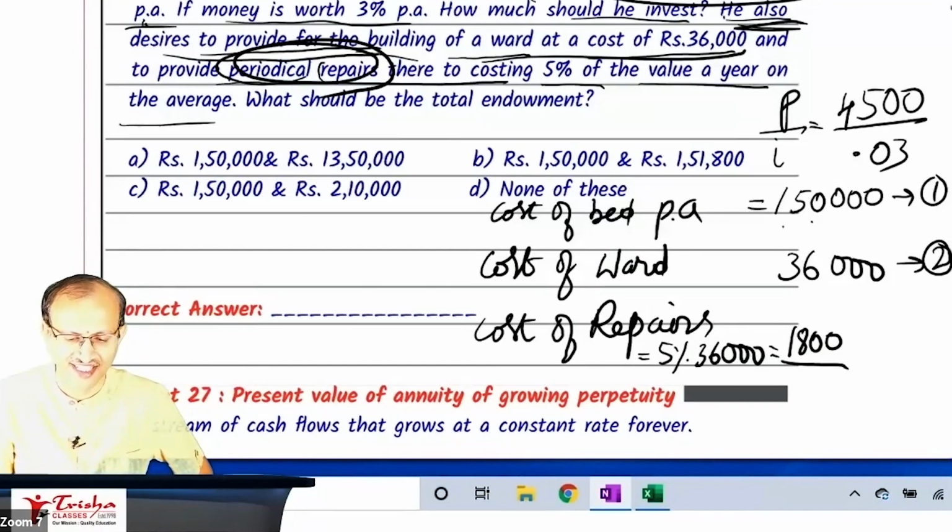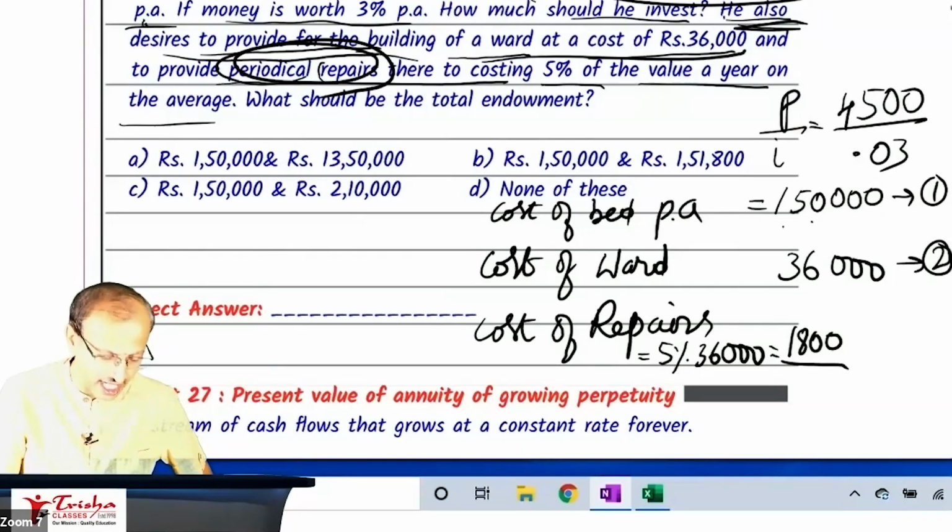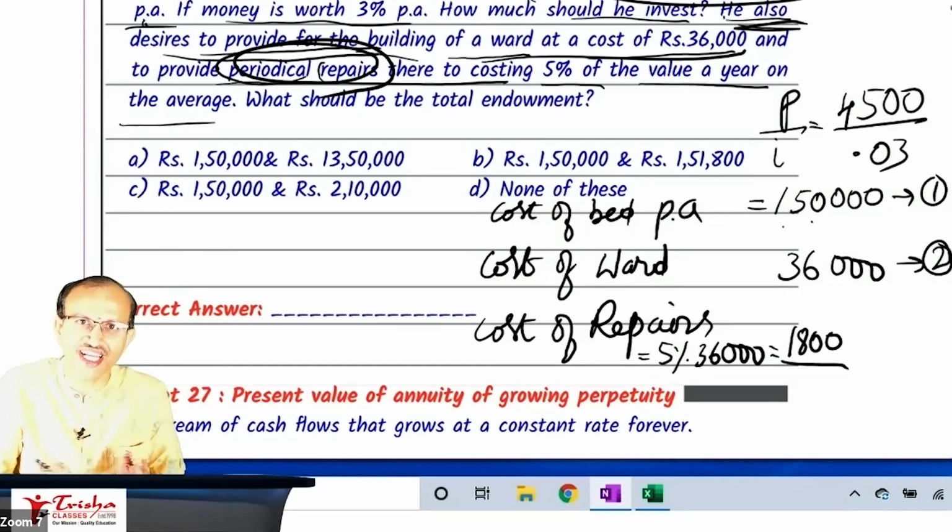Every year. Sure, no? All of you are sure, no? Because periodical repairs, and they said costing 5% of the value a year on the average, that much is coming every year. So what should I do? I cannot write straight away every year. So how much money should you have today? Every year.